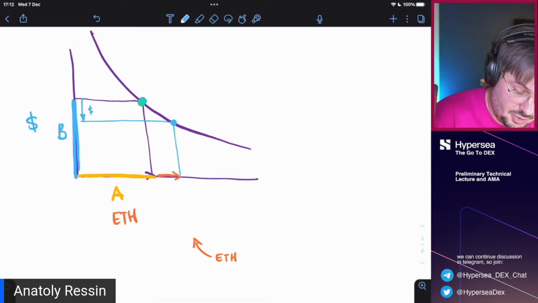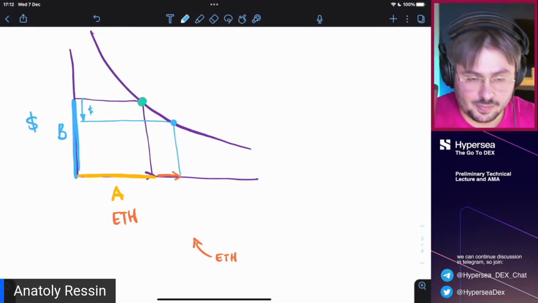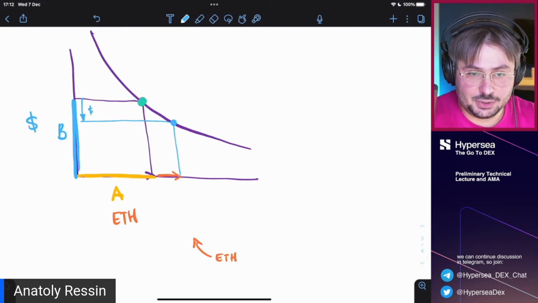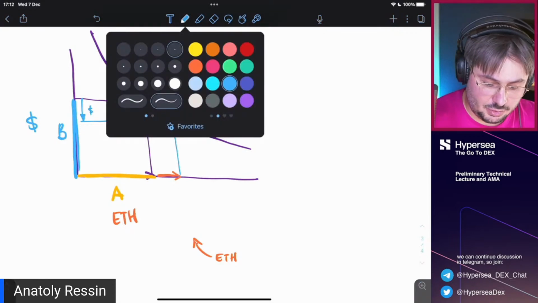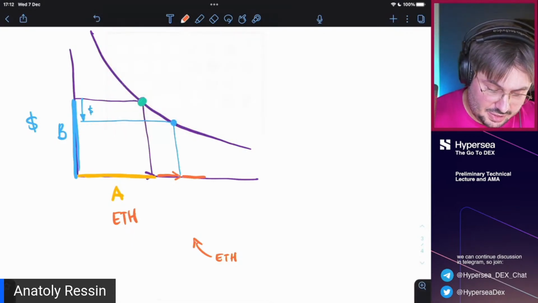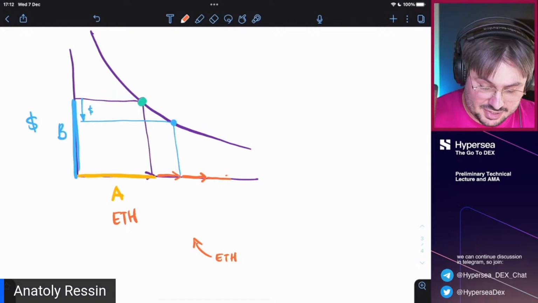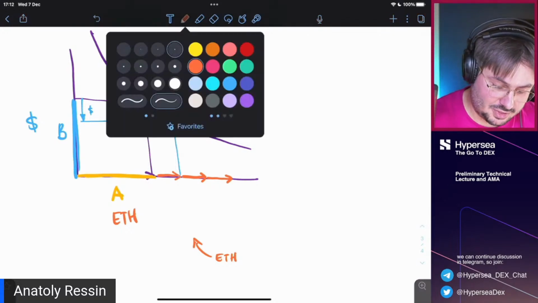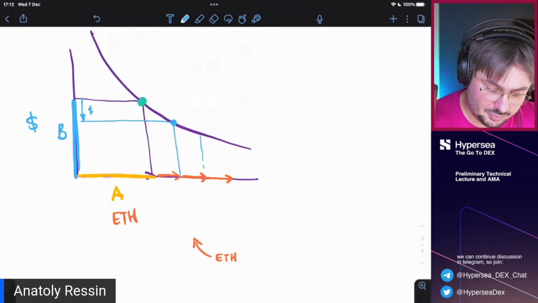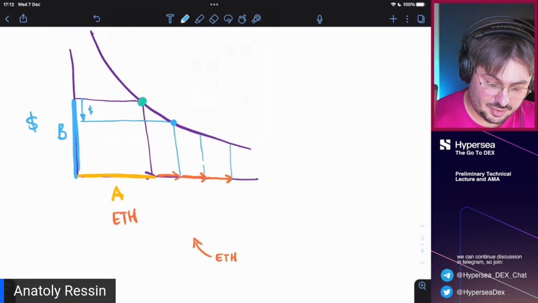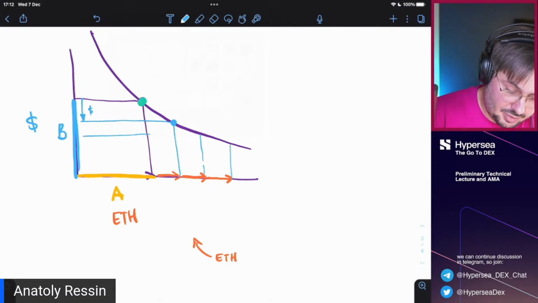So this will be your payout. And you can see that if you gradually sell the same amounts of Ethereum to the exchange, what will happen with the amounts you are being paid for it?